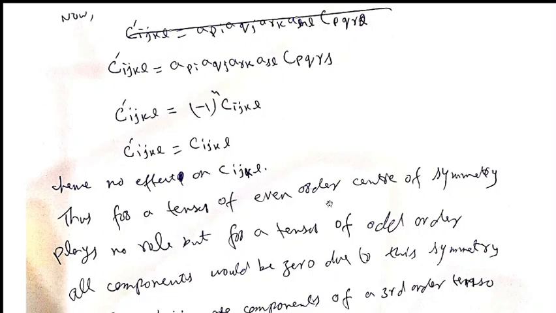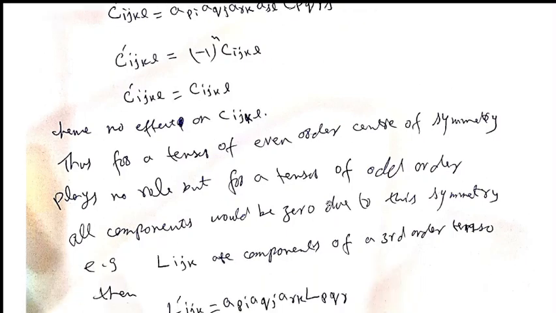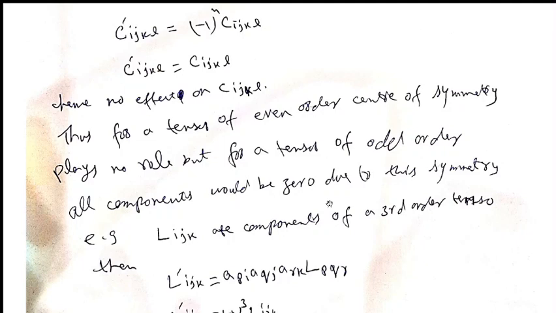Before and after the application of this symmetry, the number of independent components will remain the same. But on the other hand, if you have an odd order tensor and you apply the center of symmetry, then all the components would become 0.